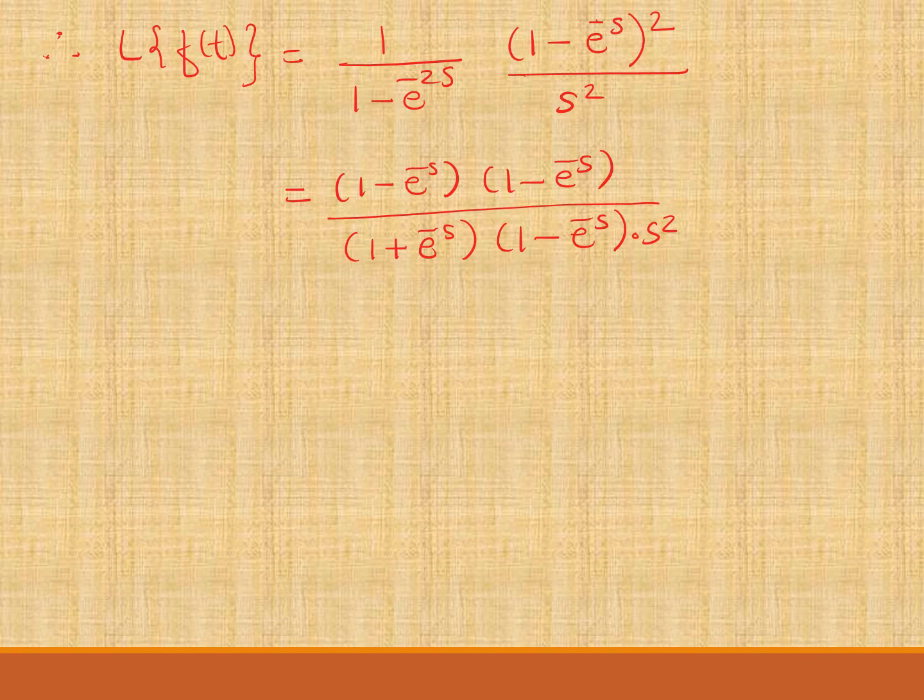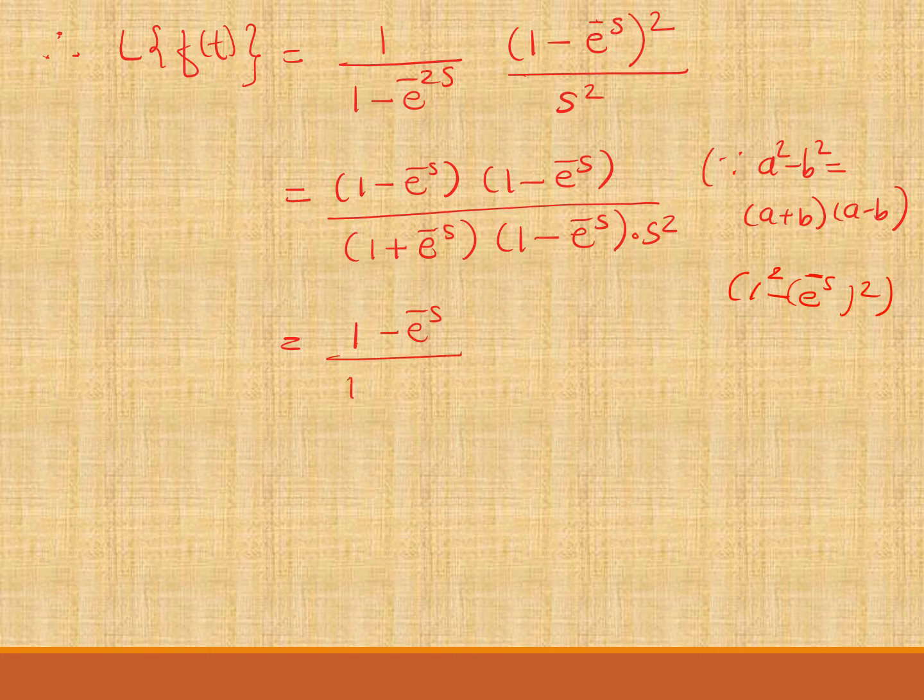These two factors are just because of the fact that a square minus b square is equal to a plus b into a minus b. As this 1 minus e raised to power minus 2s can be written as 1 square minus e raised to power minus s whole square, and that's why we obtained these two factors.